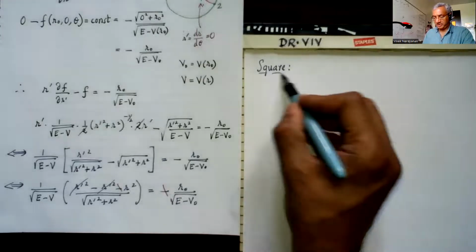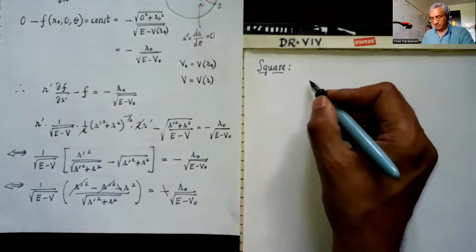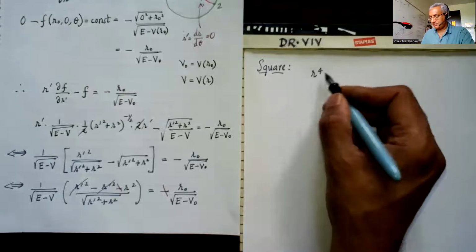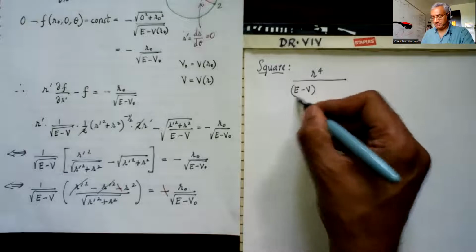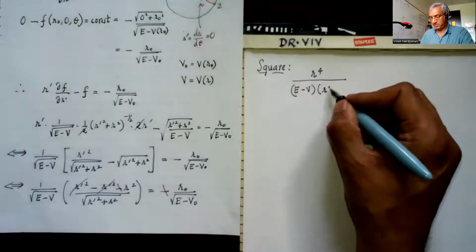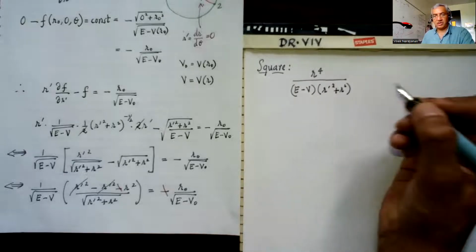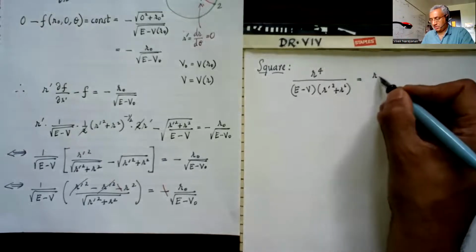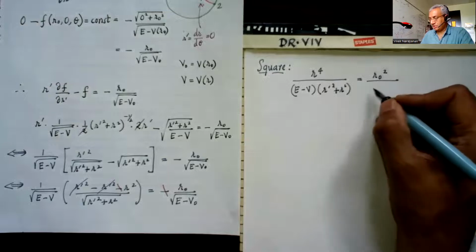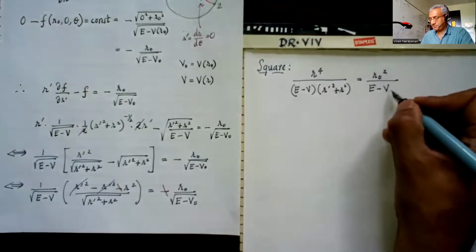If I square both sides, then the numerator now becomes r to the 4. Then I simply have e minus v times r prime squared plus r squared, and that's equal to r naught squared over e minus v naught.